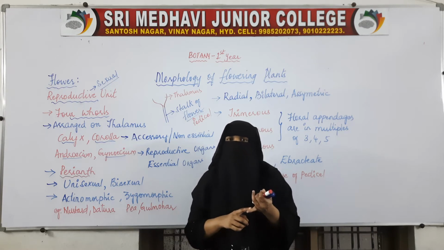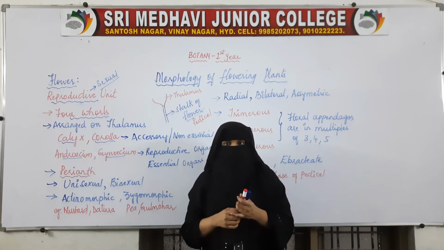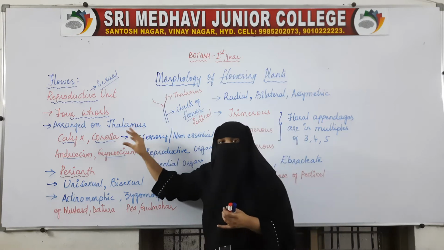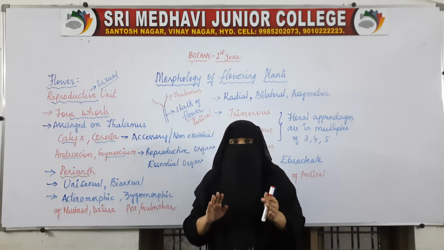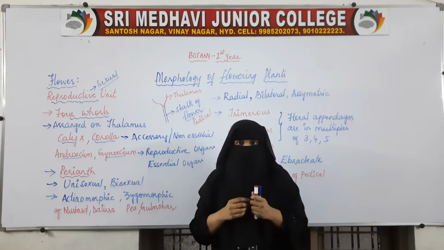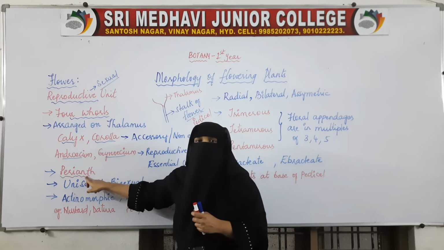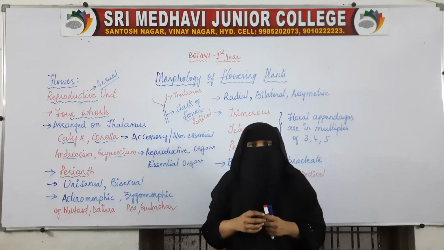Calyx and corolla are usually separate, but in a few plants like lily, we don't have distinct calyx and corolla. They are not separate, we cannot distinguish them. In that case we call it perianth. Perianth is the term given when calyx and corolla are not distinct.